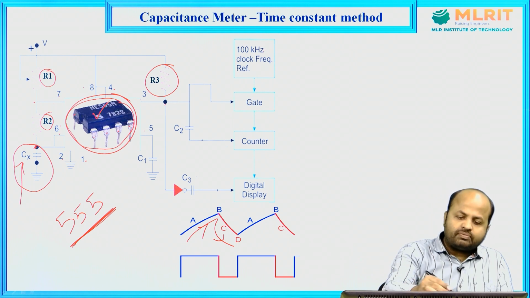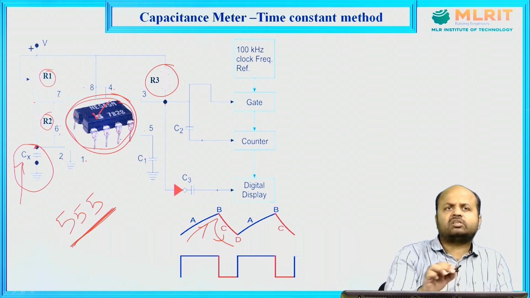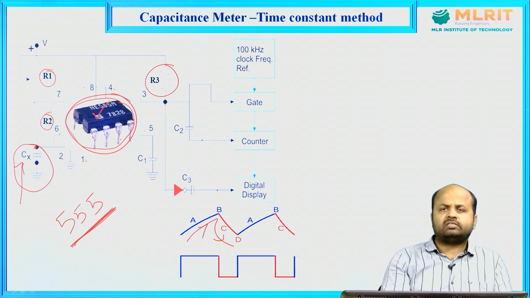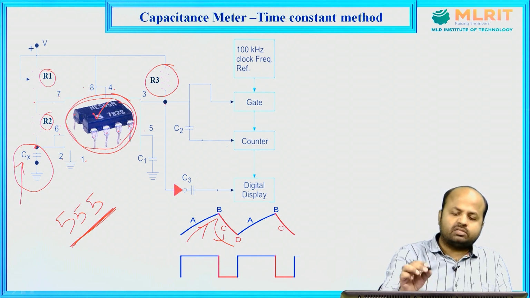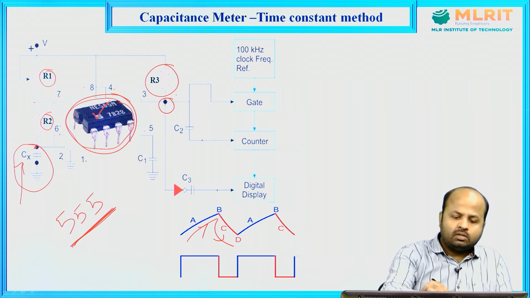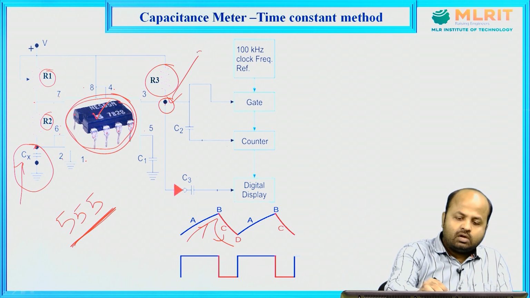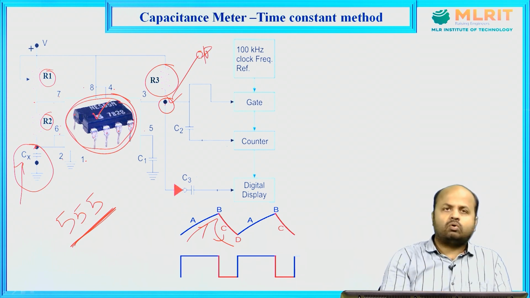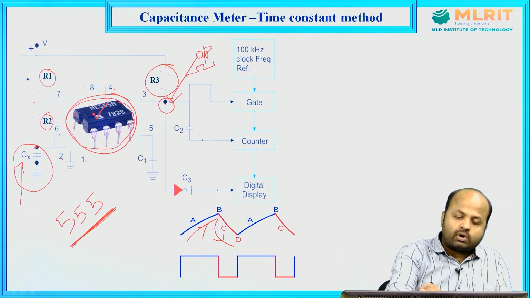So here we can see that this is the basic connection of a 555 timer IC in order to make it as a capacitance meter. After that from 3 number pin we are going to take output. At the output you will always get square wave.